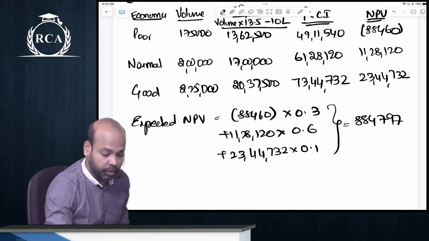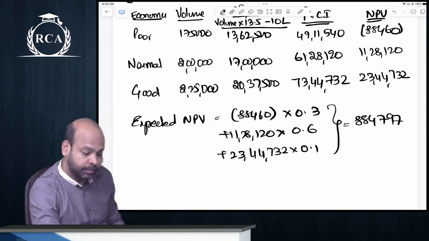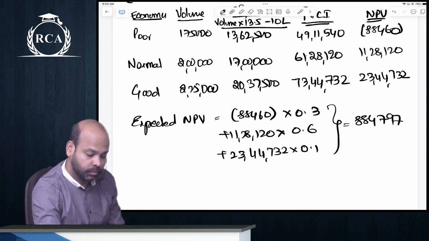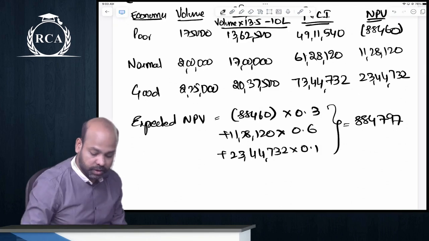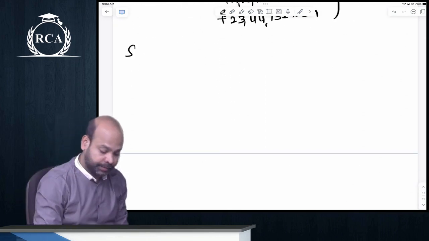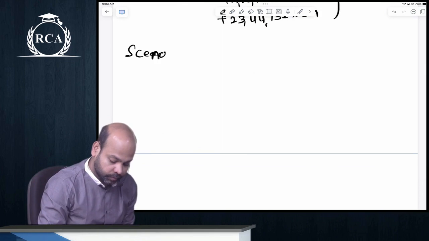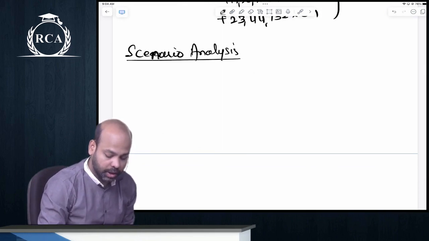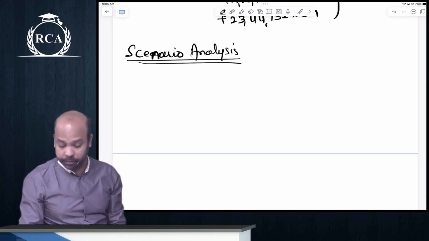Write in the concept book: scenario analysis. Below that, write under sensitivity analysis.